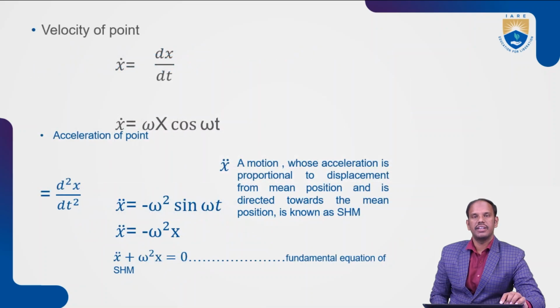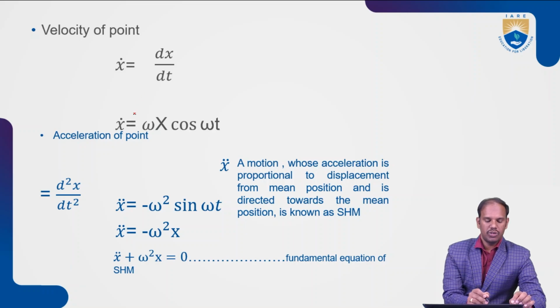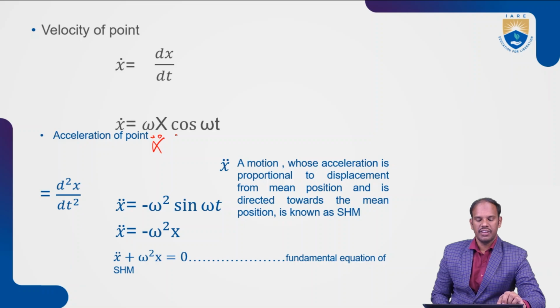Velocity we can write as d by dt of x, that is, the differentiation of this distance. If you make it a double dot, we can write it as acceleration.